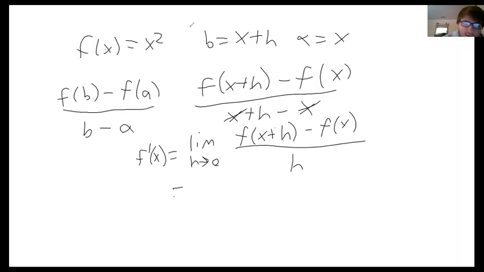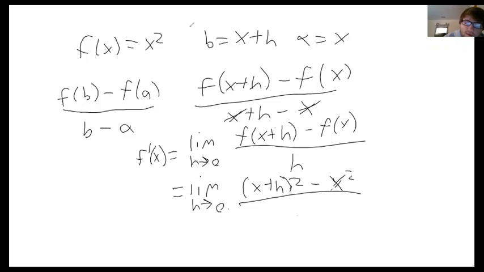So plugging in, we have the limit as h approaches 0. Plug in x plus h for our x. We have x plus h squared minus, this is just going to be x squared, right? Sorry, and we're going to have h on the bottom, right?